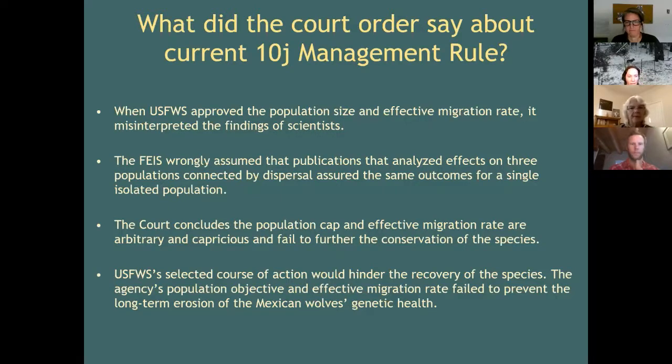And the U.S. Fish and Wildlife Service's selected course of action would actually hinder the recovery of the species. So it's not just that it's going to further the recovery of the species, it's failing to do that. It's actually harming the recovery of Mexican wolves, and the agency's population objective and effective migration rate failed to prevent the long-term erosion of Mexican wolves' genetic health.